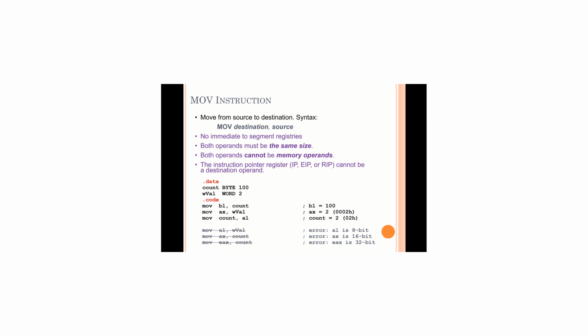So the move instruction moves from source to destination. And there are a few rules governing move. You cannot move an immediate value to a segment register. Both operands of move must be the same size.